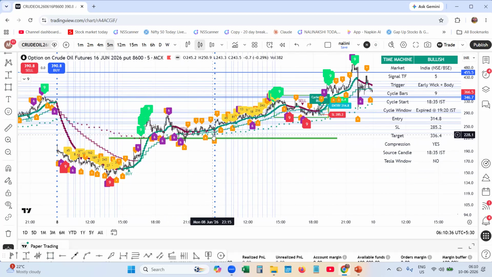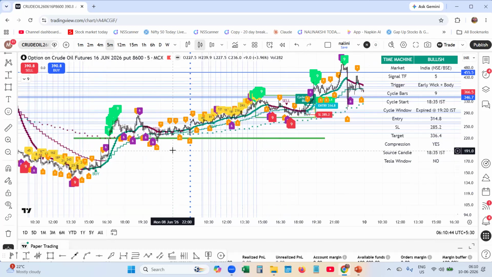See the range filter. You knew this, and you could have taken this trade yesterday or in the morning itself, around 231. 231 to 505 or 503, it's a boom. So you get this trade.